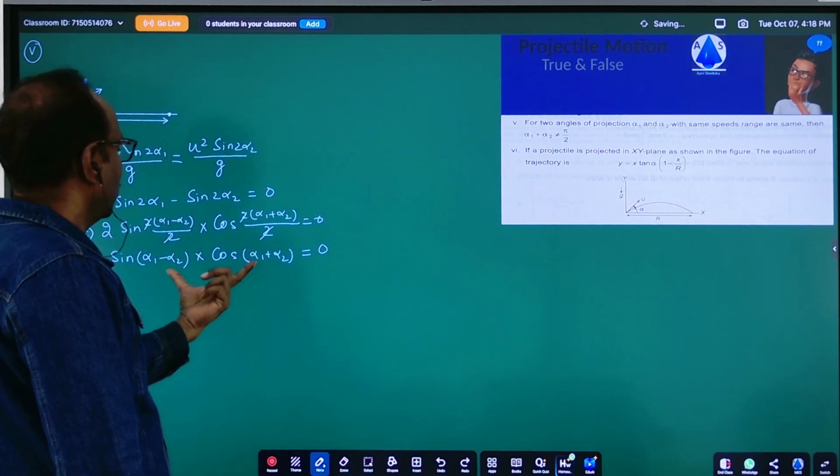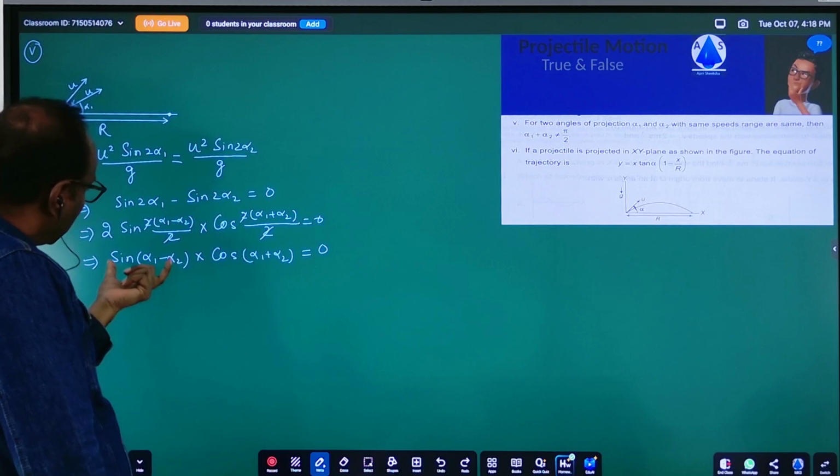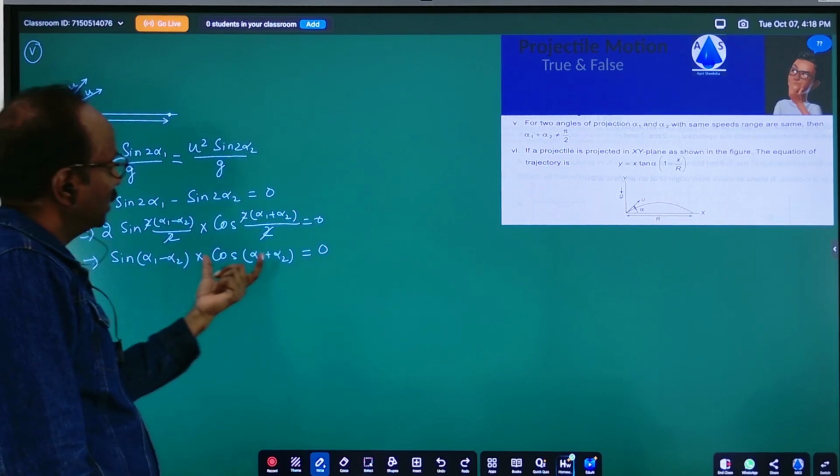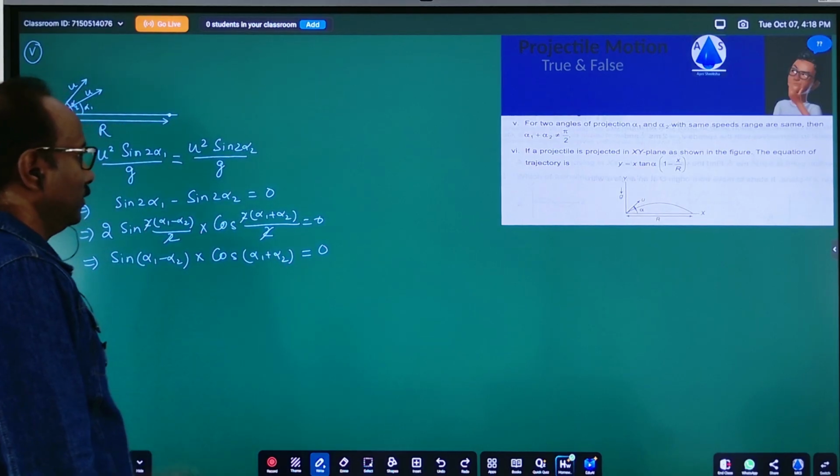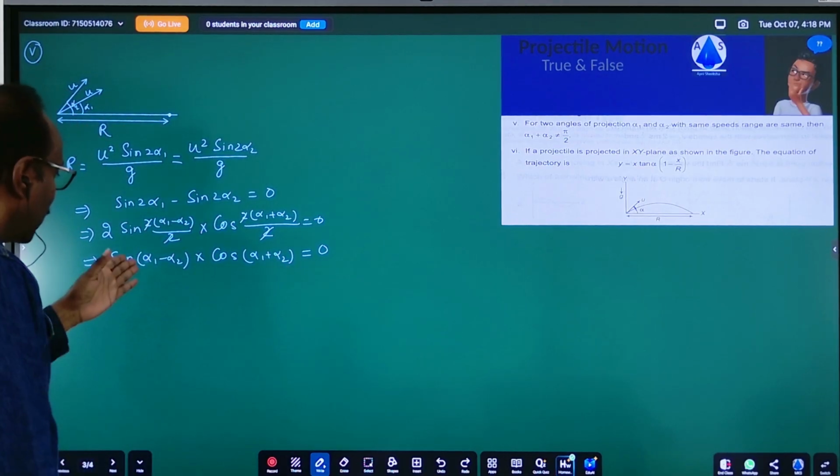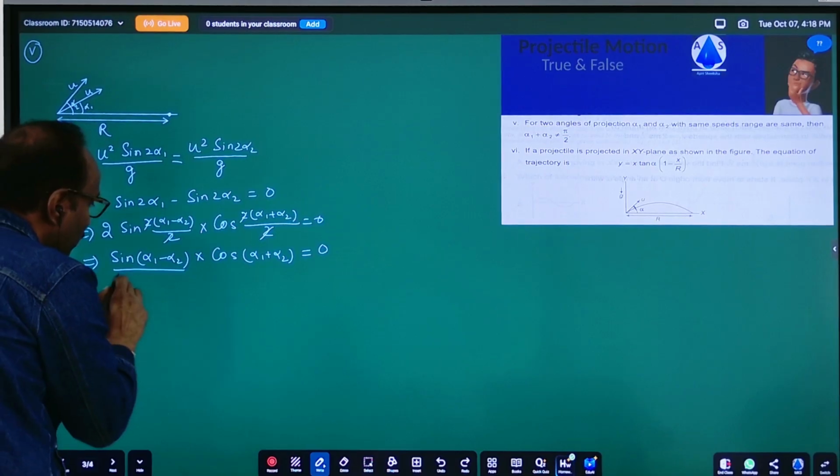So for this equation to be satisfied, either this should be 0 or this should be 0 or both should be 0. So let us start with this equals 0.